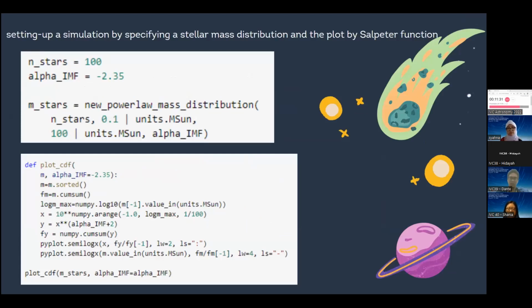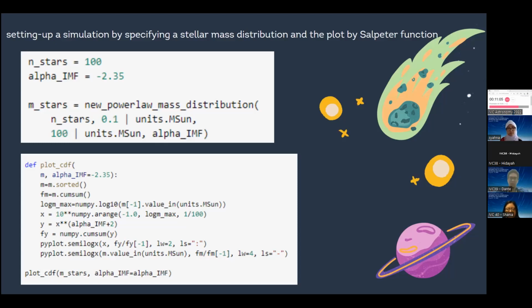Now we are ready to set up a simulation by specifying our stellar mass distribution and plot it by the Salpeter function. So as we have determined before, the number of the stars is 100, and the alpha IMF is equal to minus 2.35 to satisfy the Salpeter function before.